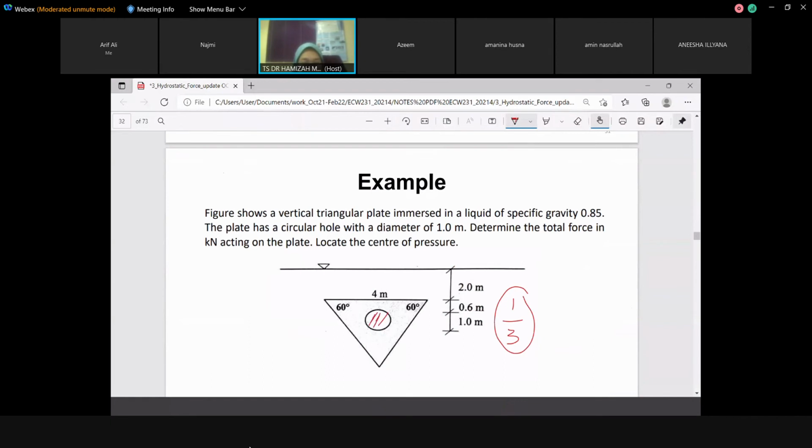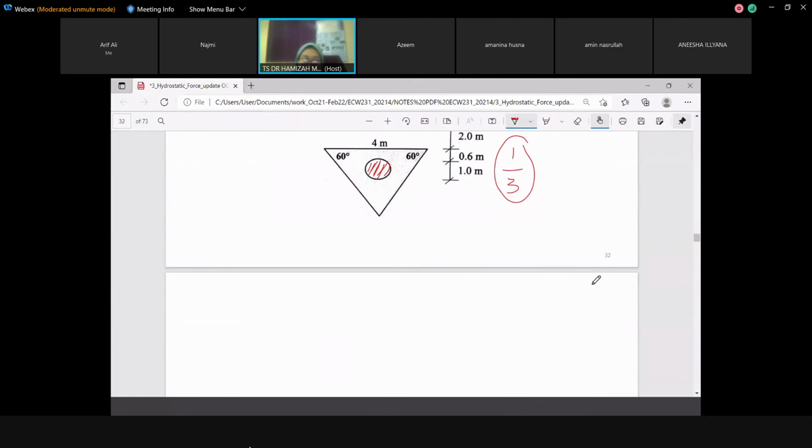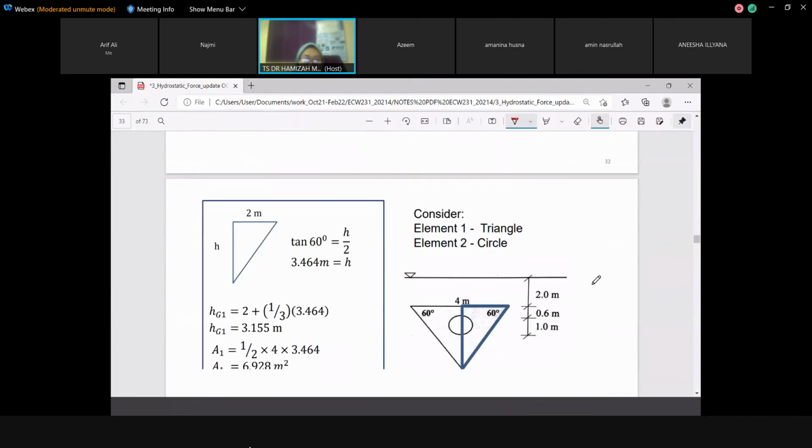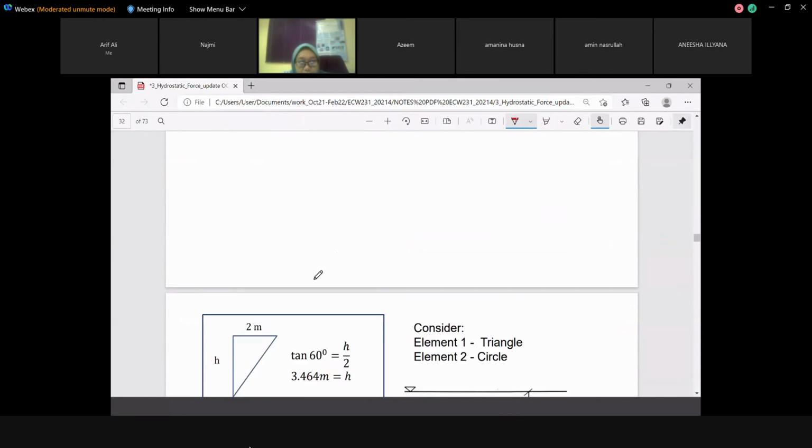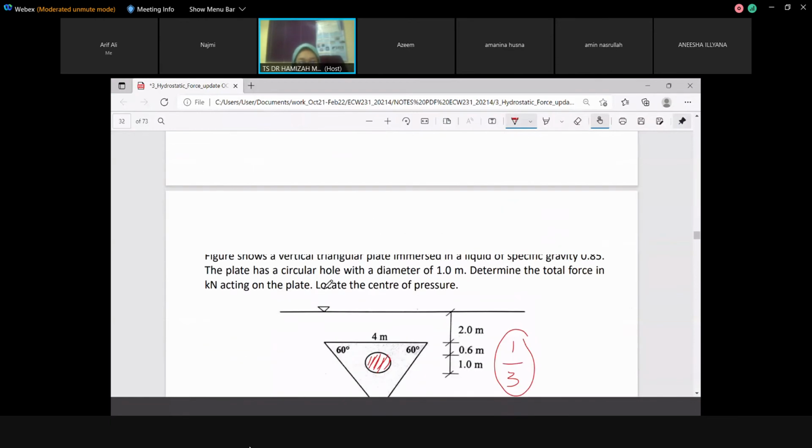So bila you calculate area, you need to minus the hole. Okay, Hg ialah 2 tambah 1/3 kali 3.464. The Hg 2 ni sebab jarak daripada water surface ni kena tambah dengan 2.